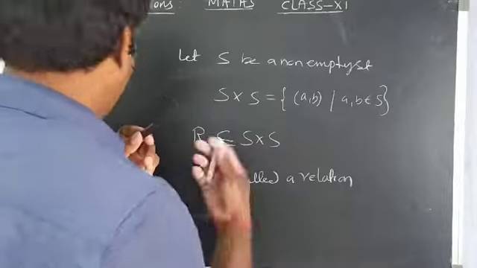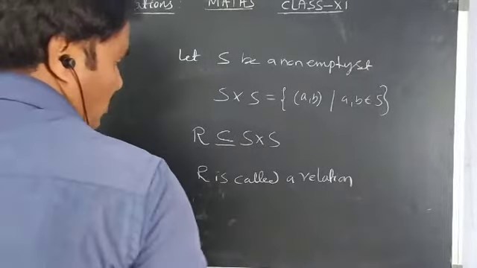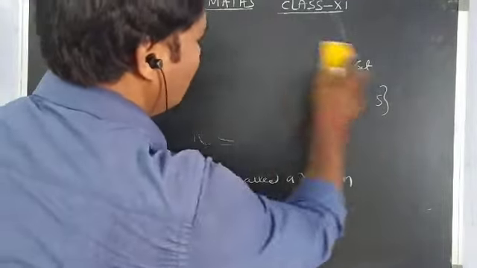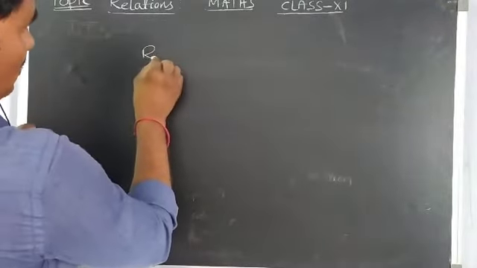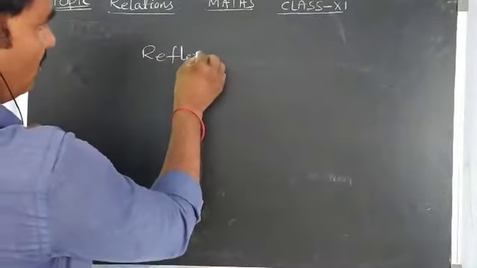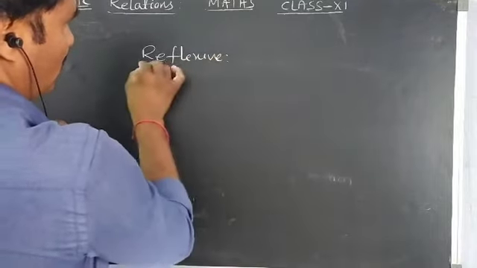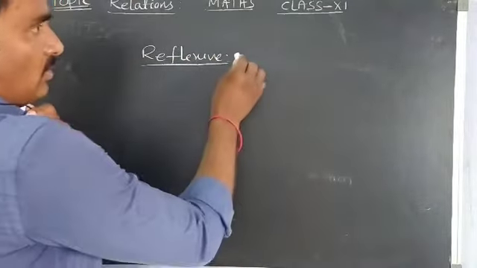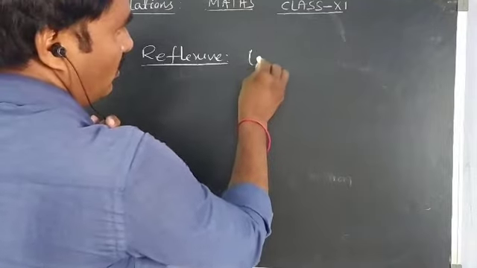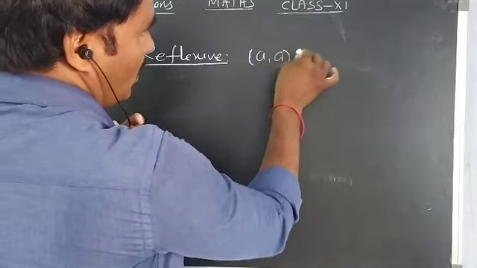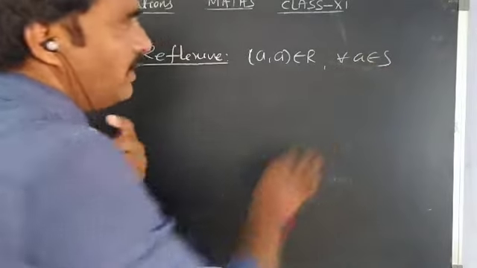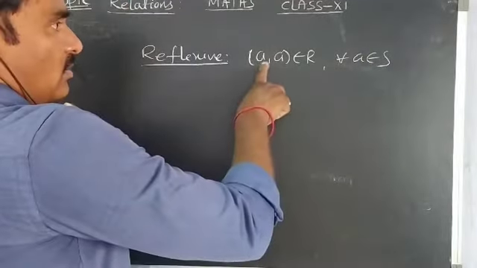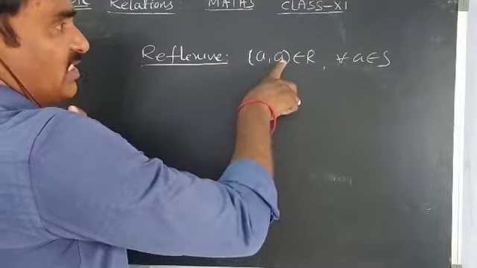Right. Now, types of relations. What is the first type of relation? Reflexive relation. What is the definition of reflexive relation? If (a, a) belongs to R for all a belongs to S. If you have any element in S, make an ordered pair with the same element.